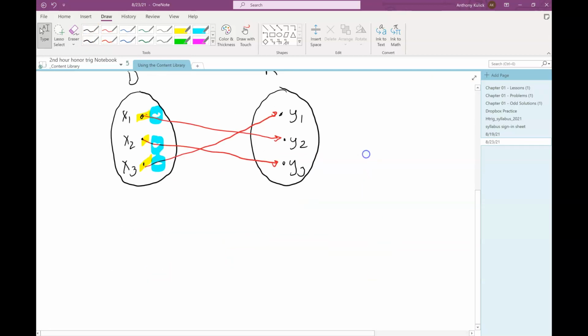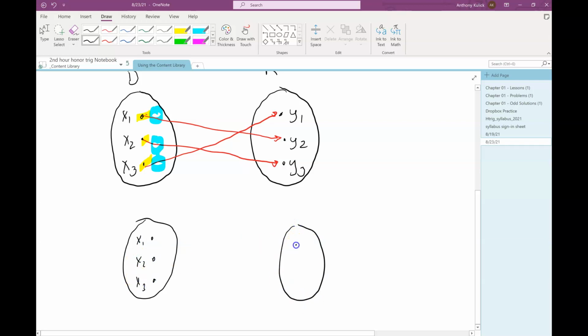Okay, let's look at another couple of examples to make sure we got it. So let's say we have this. Is this a function? No. Why not?